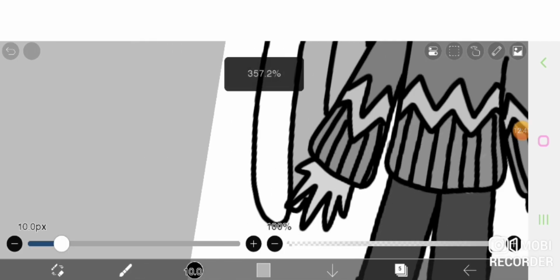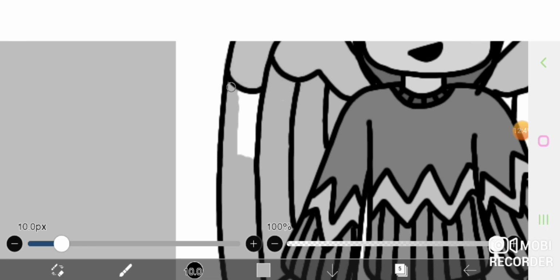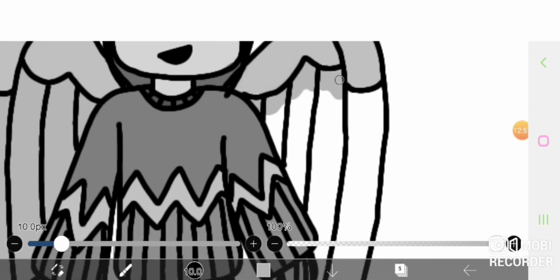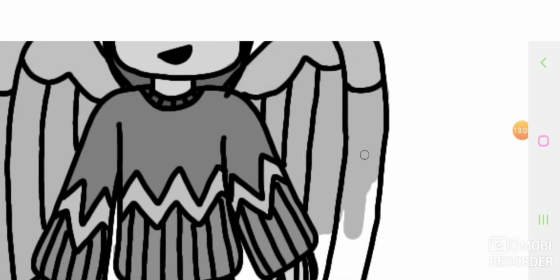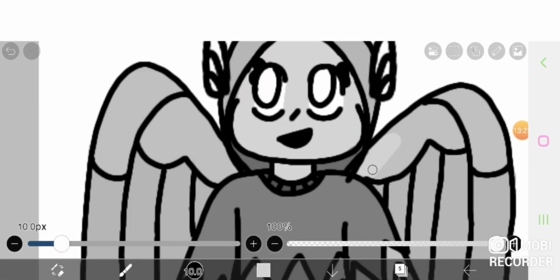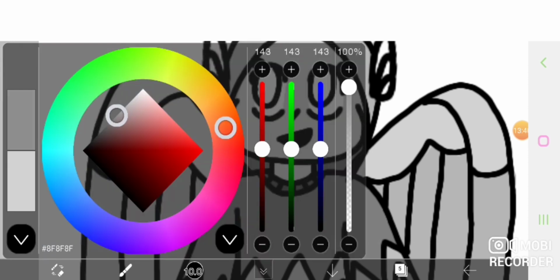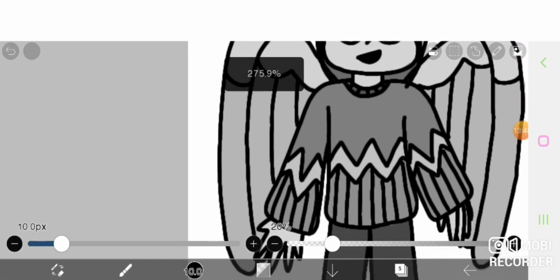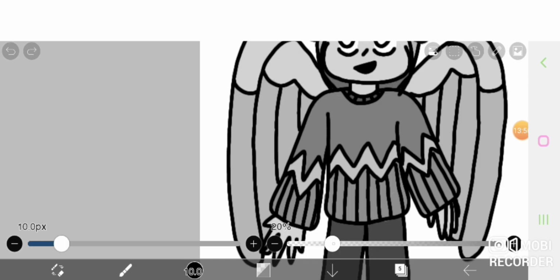So yeah, essentially I went in with the different shades of gray. I'll be honest, this was a little harder than I first expected it to be. Because I thought, oh, that's so easy, going into it. And then after, I'm staring at it, trying to figure out, hey, is this good?